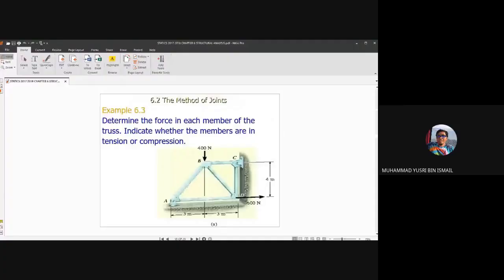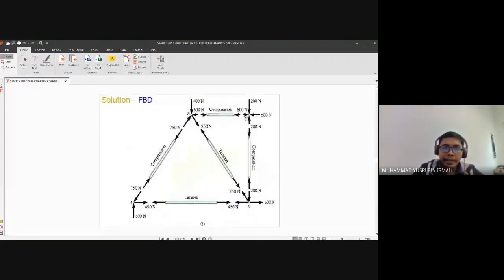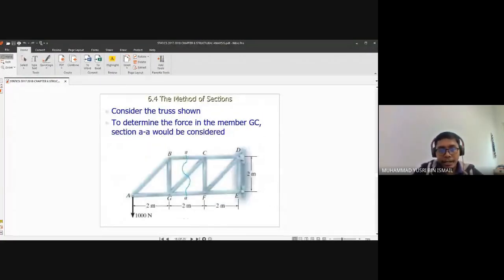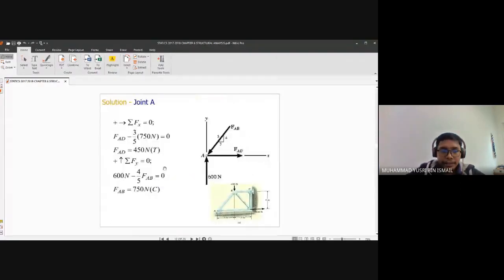Normally a bridge will have this kind of structure, and each truss member will have its own forces, which act in compression or tension. So how do we know the forces are in compression or tension? It is by assuming.